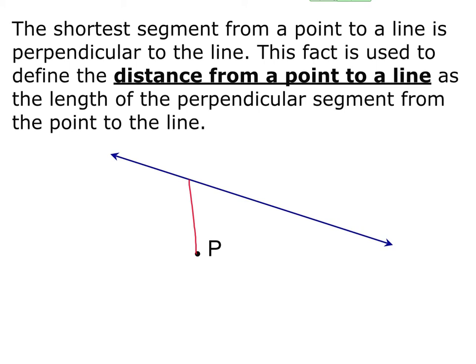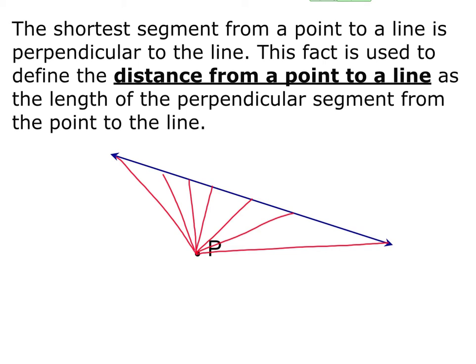That's how far that point is from the line. Someone could measure to this end. Someone might measure to that end. Someone might choose somewhere in between. Can you see all the various possibilities that someone might use to measure the distance from a point to the line? We need to agree on which one is the correct one that we're all going to use.